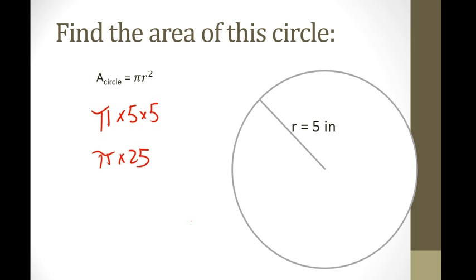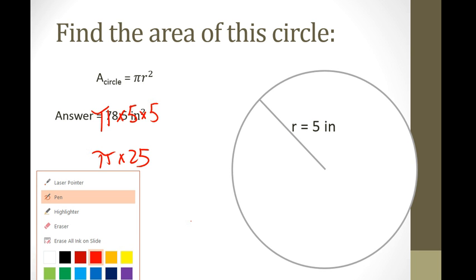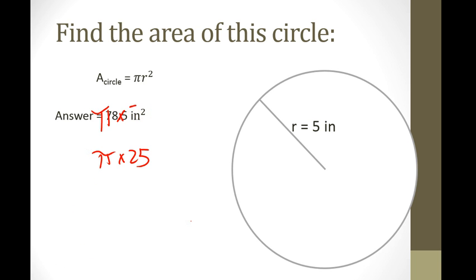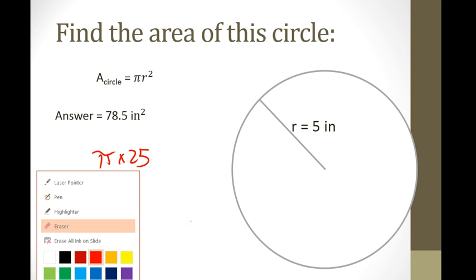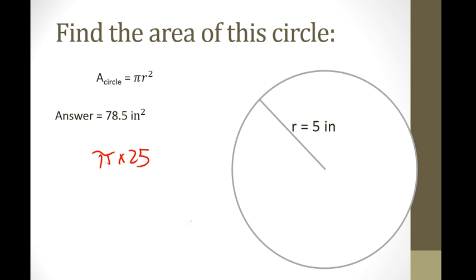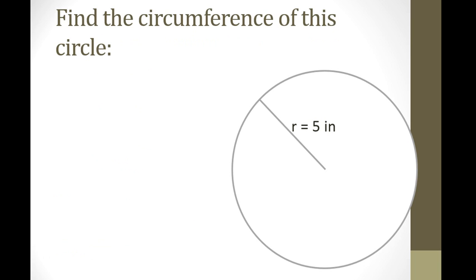And our answer for this one is going to be, oops, I actually drew over it. It's actually 78.5 inches squared, that's going to be the area of this circle.